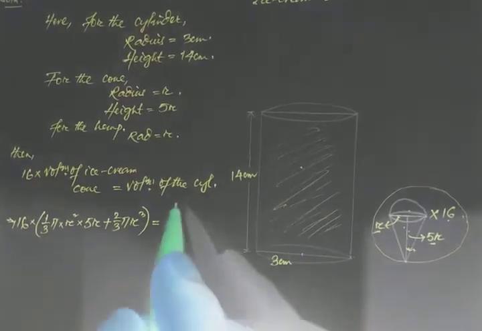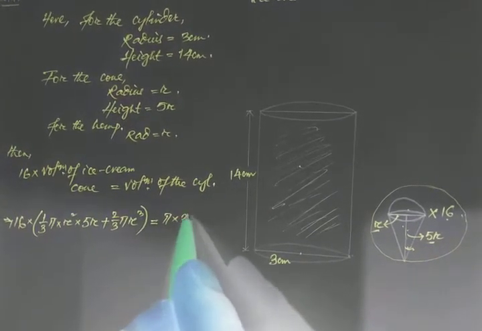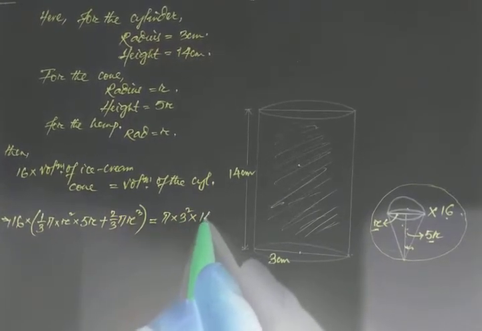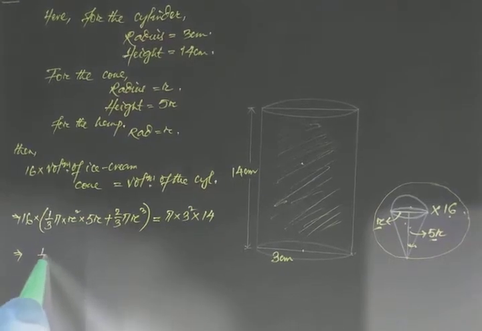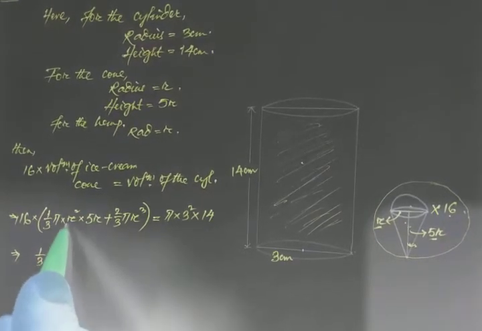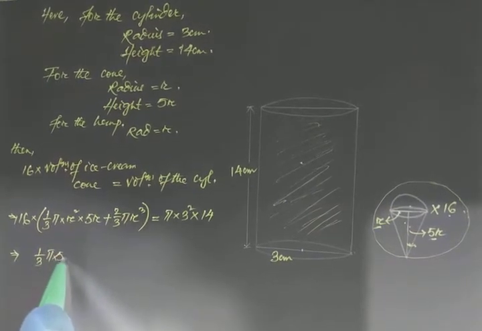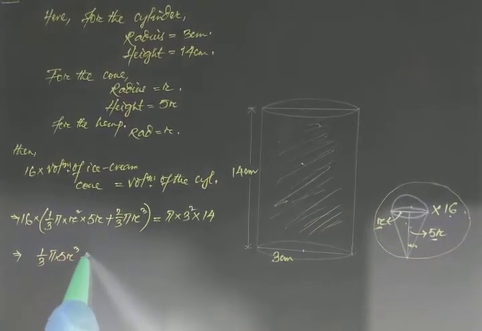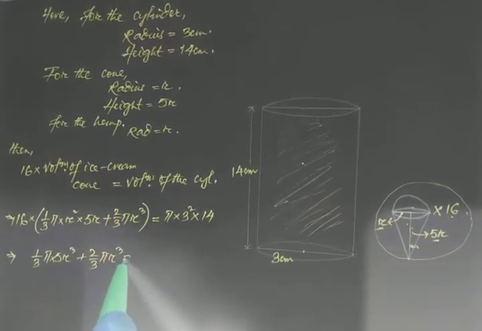Now volume of the cylinder, pi r square h, that is 3 square into 14. Now this becomes 1/3 pi r square into 5r gives 5 r cube plus 2/3 pi r cube.